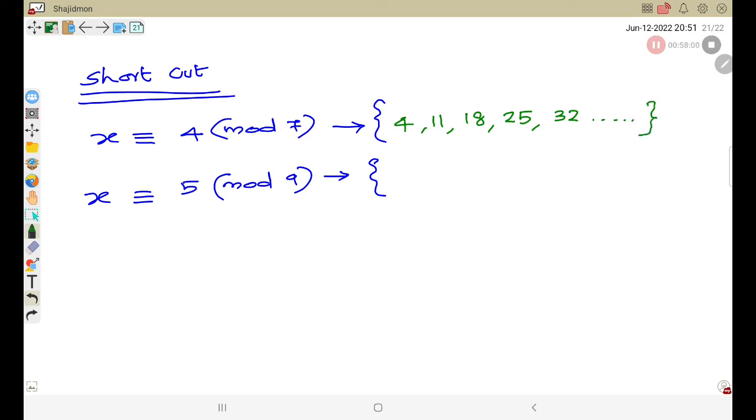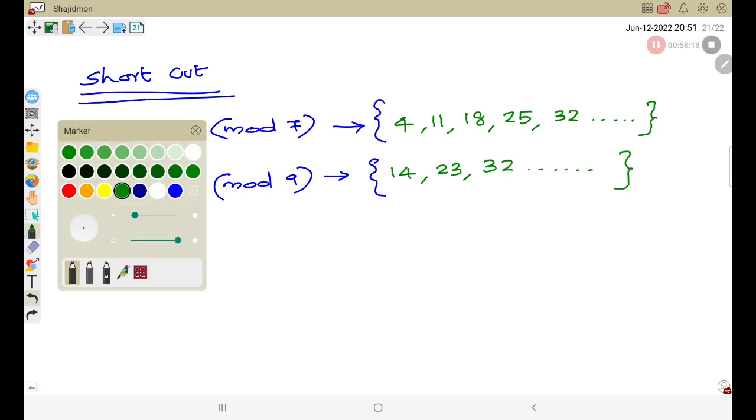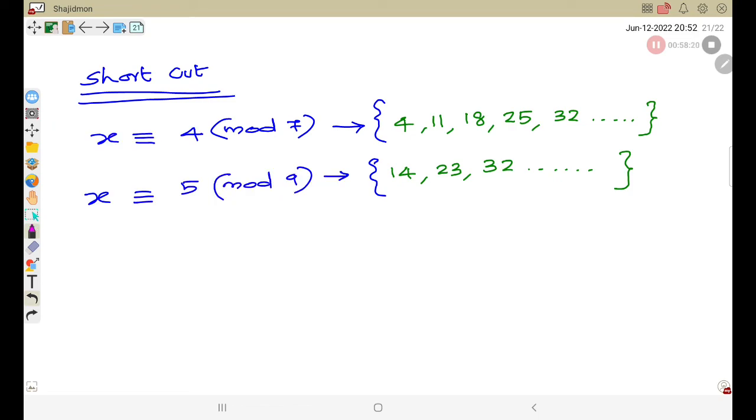Now the second one, 5 plus 9 means 14, the first number. Then 14 plus the mod number 9 again is 23. Then 23 plus 9 is 32. Like this, continuing. Now select the common number here. Okay, the common number is 32.